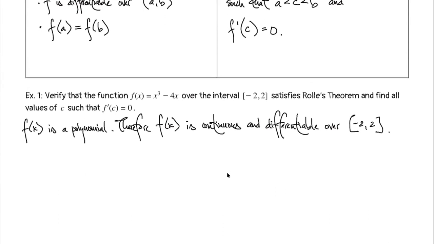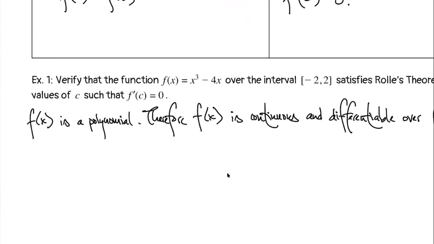How do we show that f of a equals f of b? How do we show that using algebra and numbers? Yeah, we plug in the x values, right? So let's grab our function.